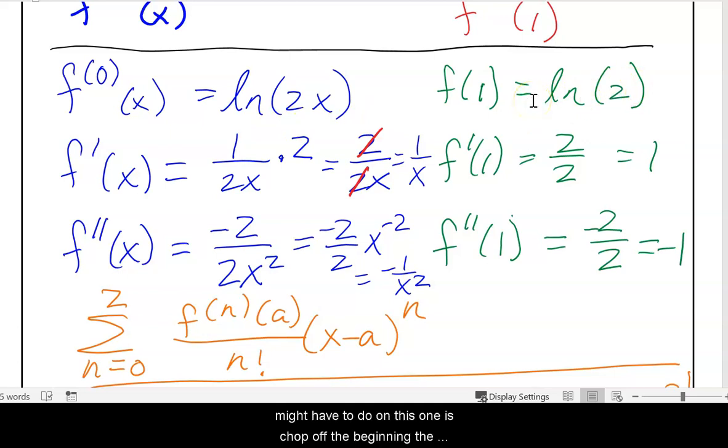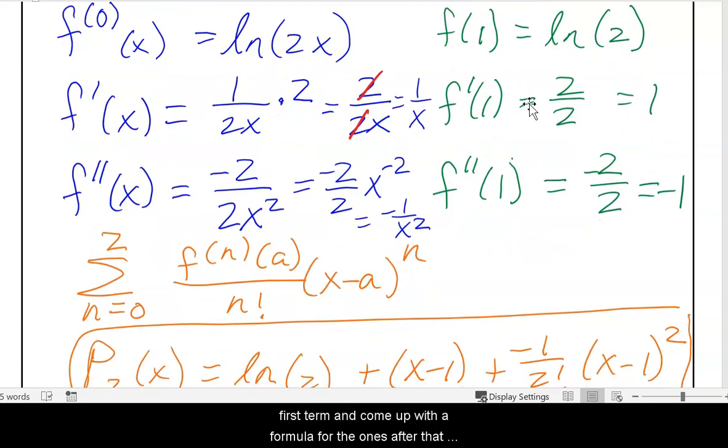So what we might have to do on this one is chop off the beginning, the first term, and come up with a formula for the ones after that, because the natural log of 2 doesn't fit the rest of the pattern. Remember that when we plug in the constants, we're supposed to be getting a pattern here, and the first one doesn't fit. That means I'm not going to be able to take it back to starting at n equals 0.